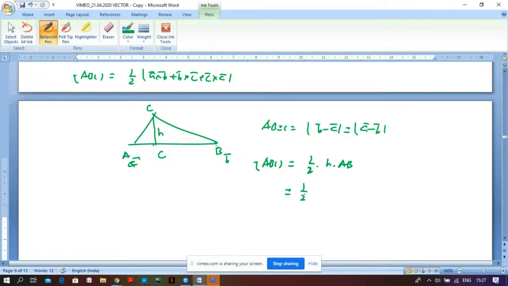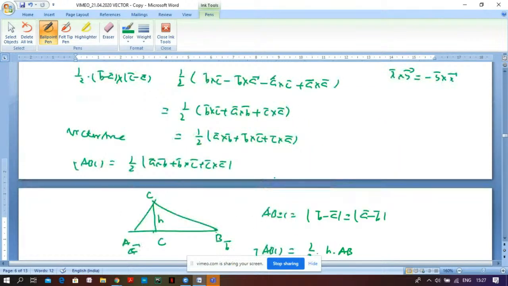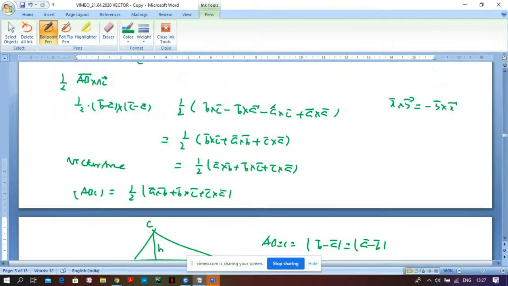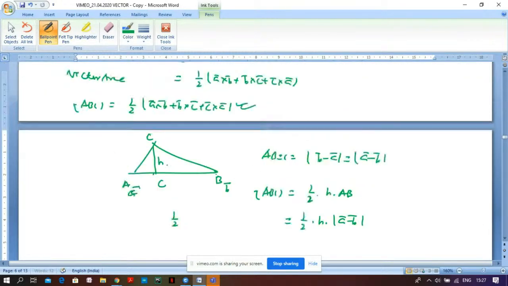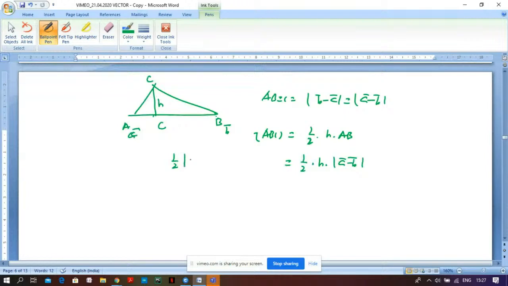Now half times H, and I will write AB as the modulus of A minus B. And for area ABC, just look here, we got half times the modulus of A cross B plus B cross C plus C cross A. This is what connects.